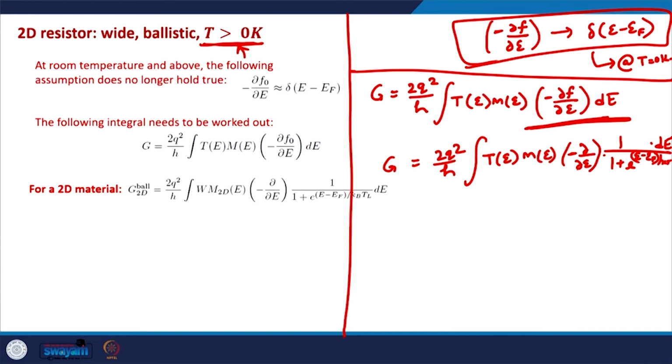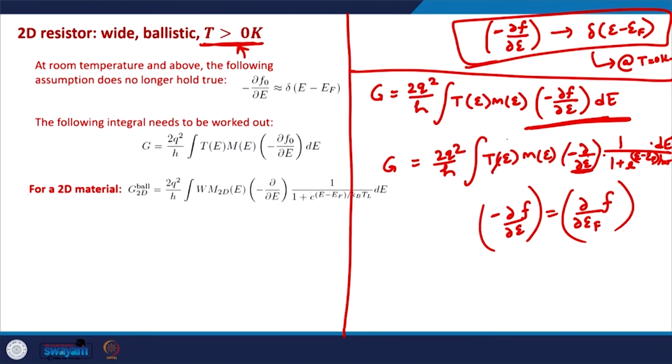This minus del by del E of F can equivalently be written as del by del EF of F. So minus del F by del E can be written as del F by del EF. By making this substitution, we can essentially bring this derivative term outside the integral.